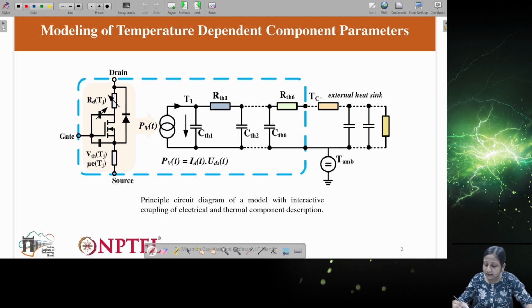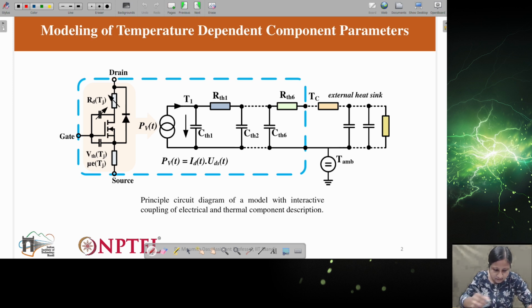Now Tc is the temperature which we can sense from the device, which is basically the case temperature. This Tc we can connect to the external heatsink. The external heatsink again we can represent in terms of resistance and capacitance, in a similar way as we represent the inside of the device.